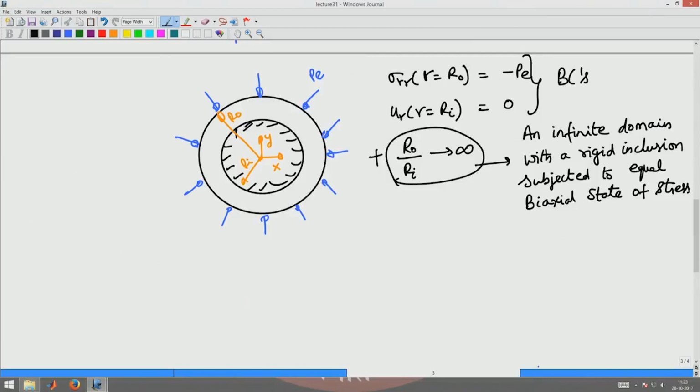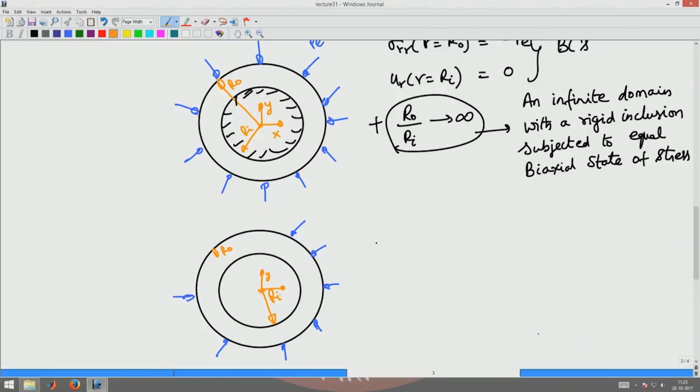Okay. Similarly, I can have a case of an external pressure PE alone applied in this domain, wherein the boundary condition is obvious: sigma RR at R equal to Ri has to be equal to 0 and sigma RR at R equal to R naught would be minus PE.